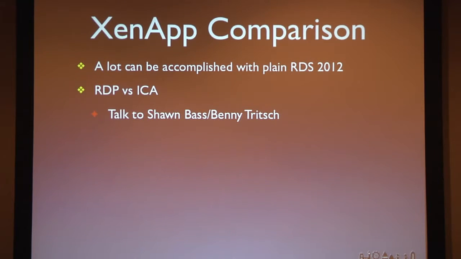Unless you have certain very specific needs. Let's say you have a user that needs to connect to an application that has to see a certain OpenGL version. If that's the case, you have to go Citrix. OpenGL on RDP8 is limited to one of the first revisions. So for some specific needs, you have to go Citrix.